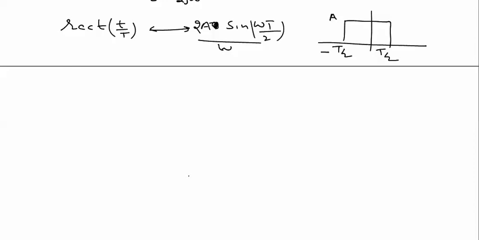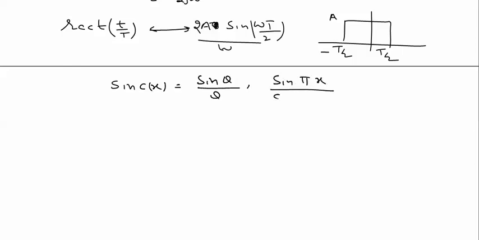We can convert the sine function into another format which is called the sinc function, sine theta upon theta. There are two formats to represent this, sine pi x upon pi x.